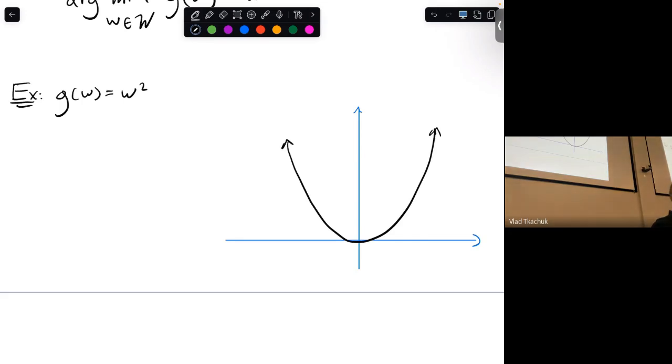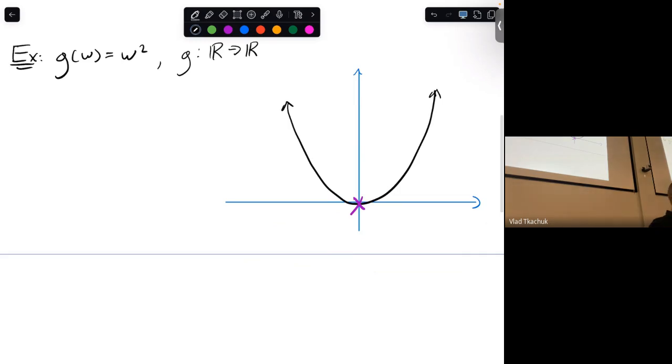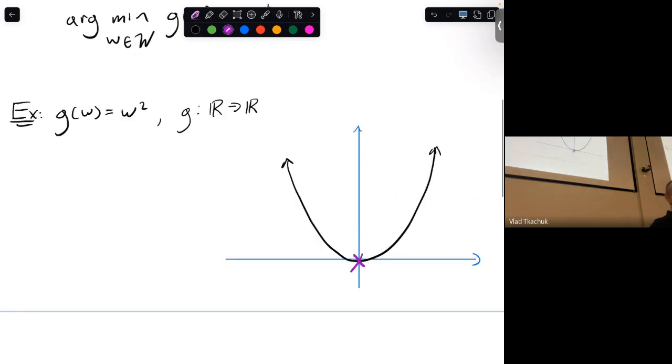Okay, and I should say that this is g of w, and let's say g was a function from the real numbers to the real numbers. So its domain was actually all the reals. So you wanted the minimum over all possible real numbers of this function. And visually, you can see what is the minimum? Well, clearly it's over here. And what is the minimizer? Clearly it's 0, right?